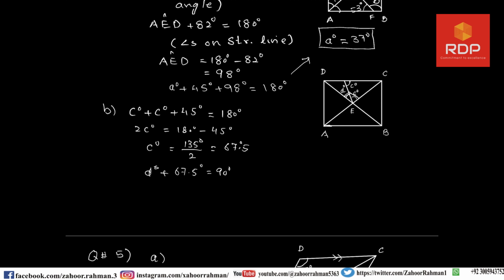So d degrees plus c degrees, and we found c degrees to be equal to 67.5. So now we are finding d degrees is equal to 90 degrees minus 67.5 degrees, and the ultimate result will be 22.5 degrees. So that's it for this question.